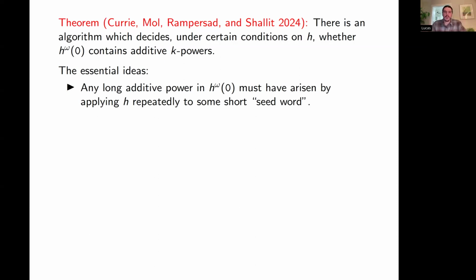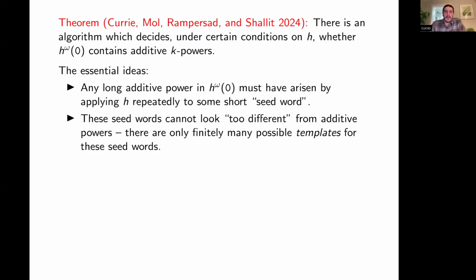So if we have a long additive power, then it must have come from something short that we applied H to, right? And the idea is to show that these seed words aren't too different from additive powers.